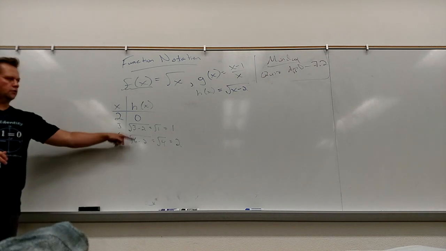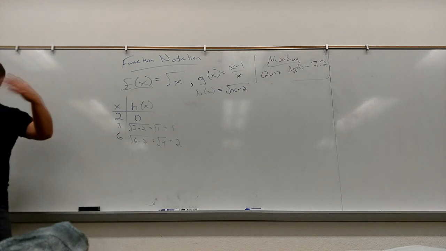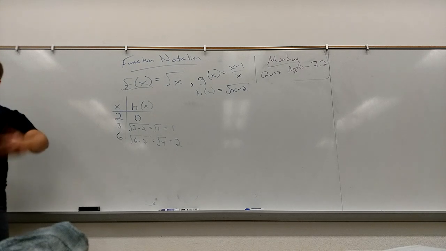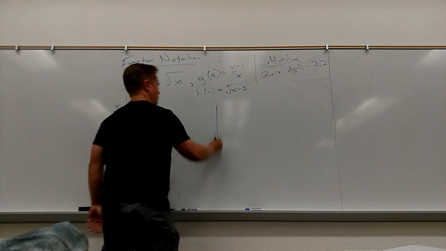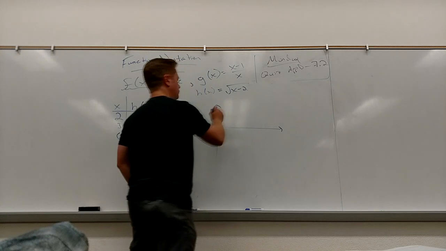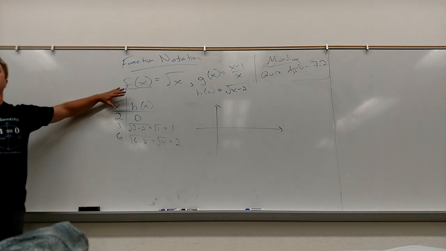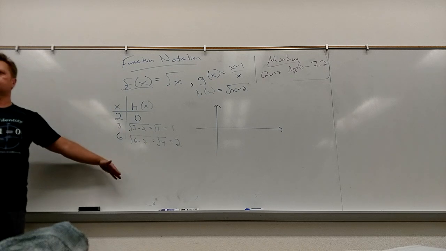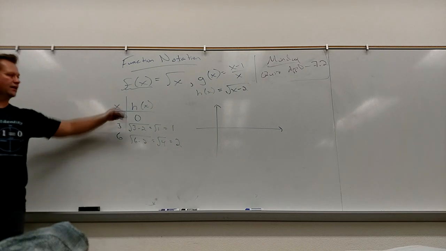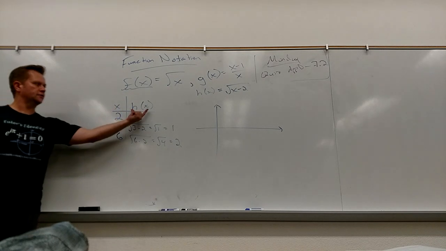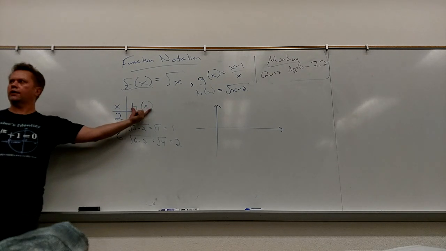Now, can I graph those points? I want to graph this function. I want to see what it looks like. Maybe you've never seen the graph of a square root function before. It doesn't matter. How do I find the graph of something I don't know? I make a list of values. Start making an XY table. But now it's x, h of x. So this is what y is, right?